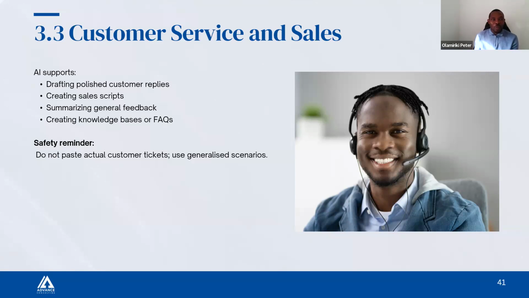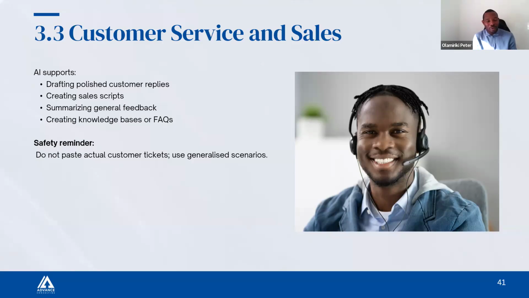But another thing we can use AI to do is draft polished customer replies. So, for example, Vicent, if you have the opportunity, there's a way you would like your customer service to reply. Is that correct? Yeah, absolutely. So you being the owner of the business, there's a way you want them to reply. But sometimes you cannot teach all your customer service agents how to reply to customers. But that is what your AI can do.